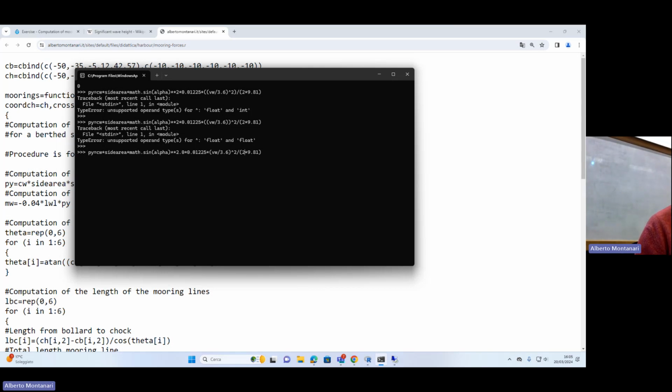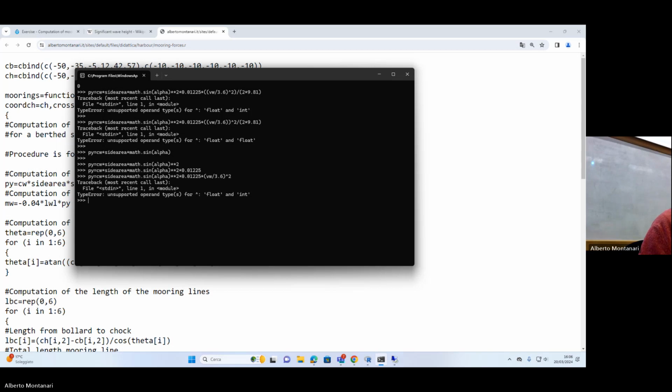In order to detect where the errors are, it's better to split the computation into smaller chunks, and then you identify where the mistake is. Okay, it's still good. Still good. So I think the problem is here. It must be here. Yes, it must be here.